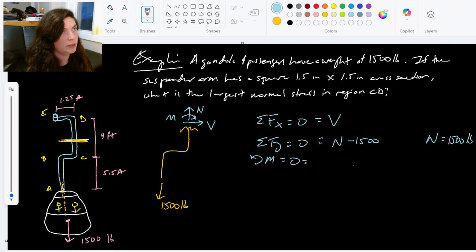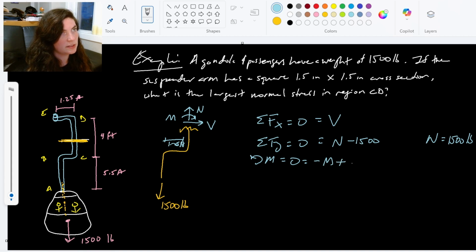And that's going to give me the moment value, which the way I've drawn it, it's negative. So we'll say counterclockwise is positive. I've drawn it clockwise, so negative M. And then I have this 1,500 pound force that is, what was this distance? We said it is 1.25 feet. So that 1,500 pounds pushing clockwise or counterclockwise around that cut.